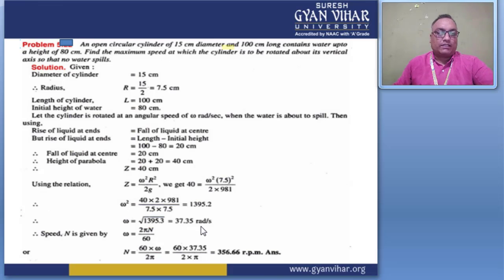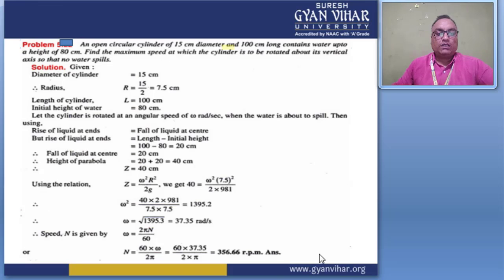The speed n is given by omega equals 2 pi n divided by 60, and for this case n is 356.66 rpm. So the external torque given by the motor rotates this cylinder at a speed of 356.66 rpm.